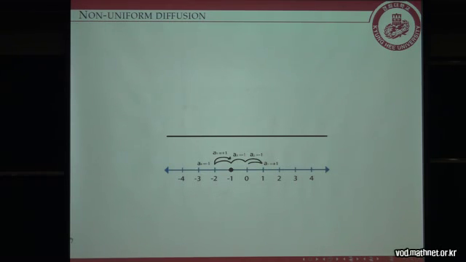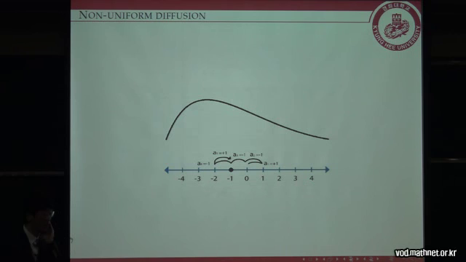I mean, the random motion. But the food density is like this. Then if the location of the bacteria is here, this one feels starvation, right?